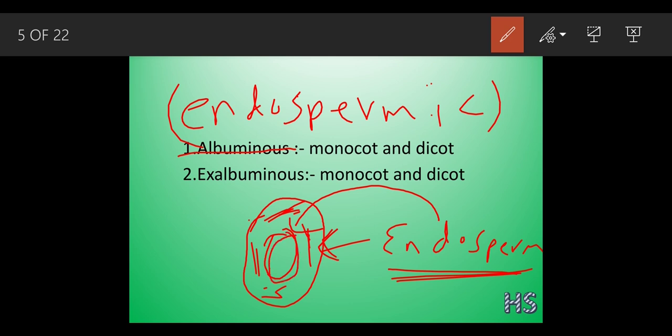When the seed gets favorable conditions, it will take up the nourishment from this cotyledon and convert into a plant. This was the endosperm, and the inner structure is called the cotyledon.